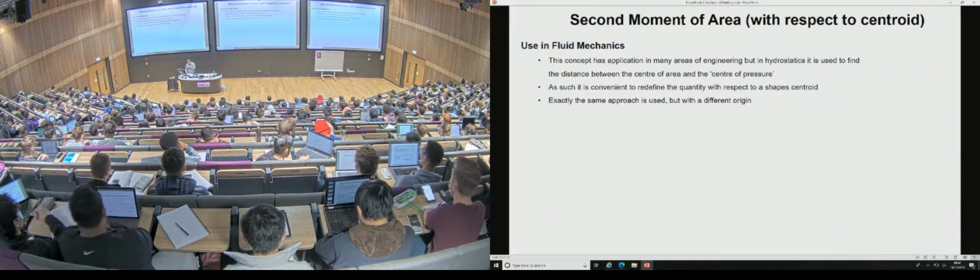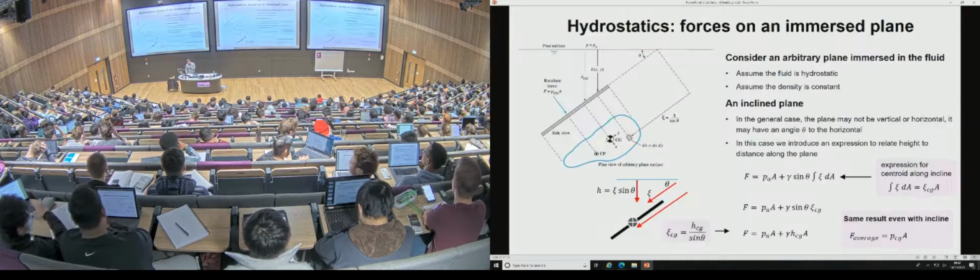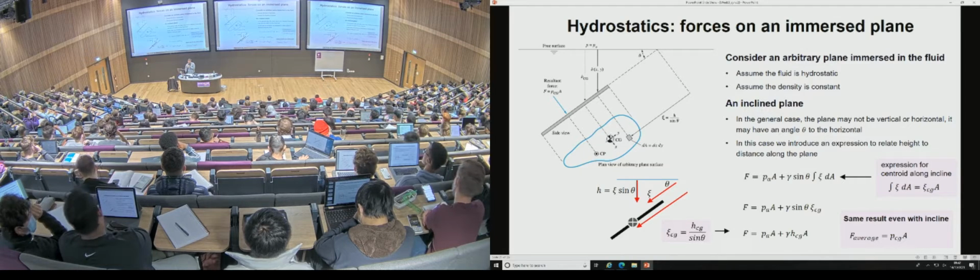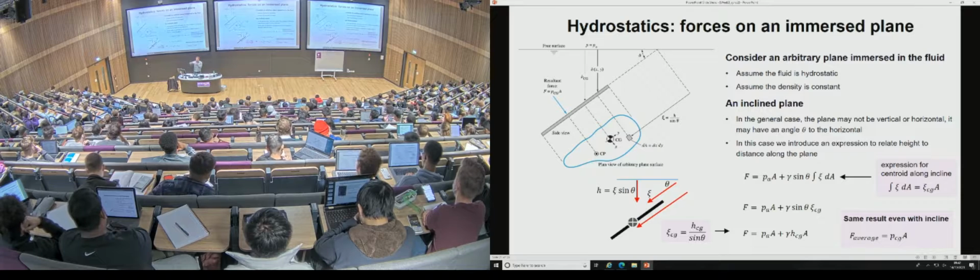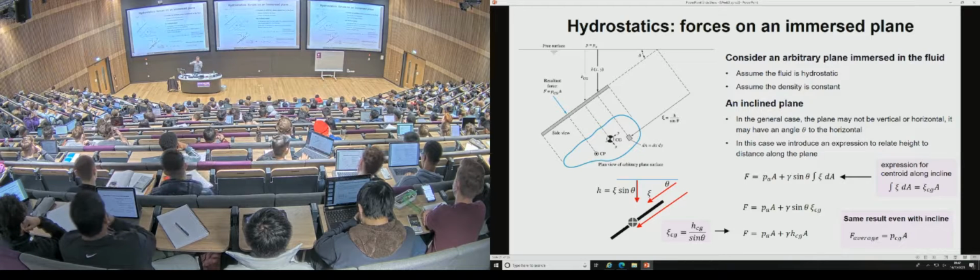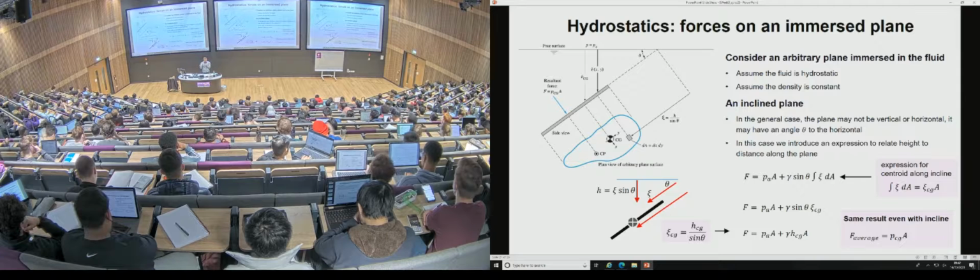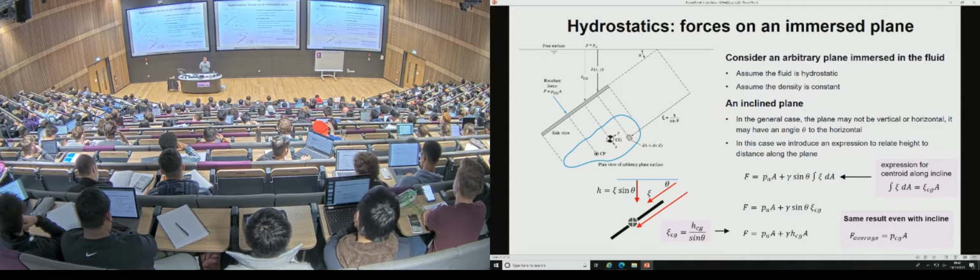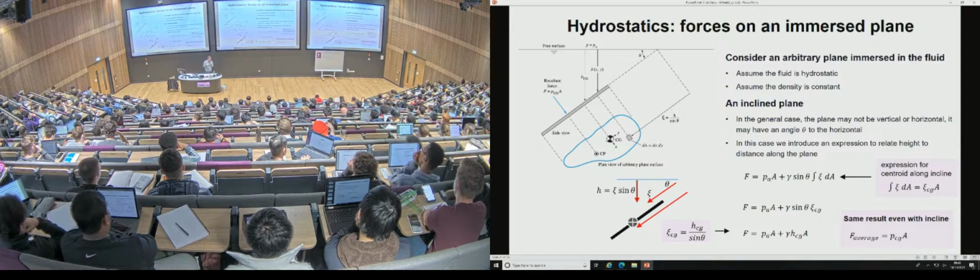One thing that is a bit different in this case is that in the case of a rectangular plate, it's very clear that we have a top and a bottom or a side to start our analysis from. It's less obvious when you have an arbitrary shape.